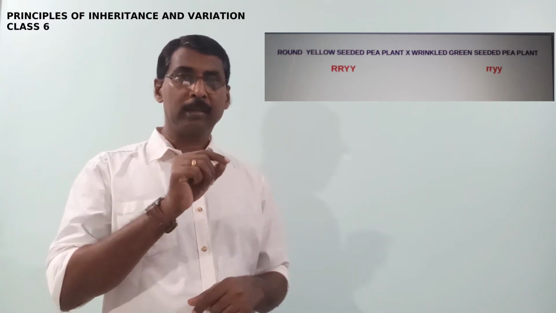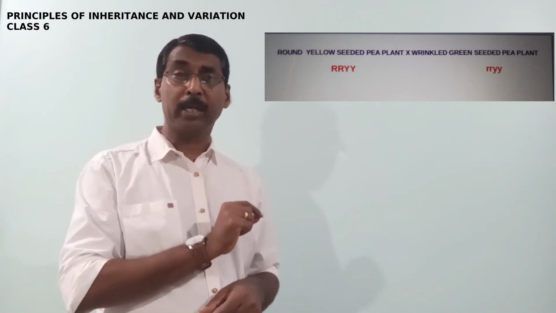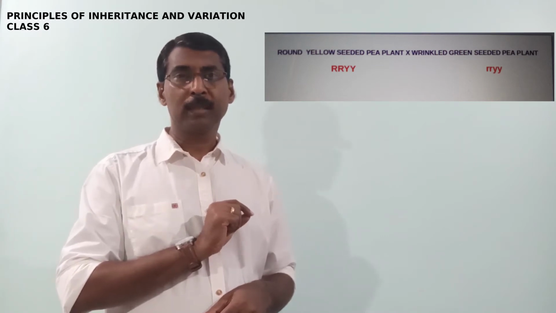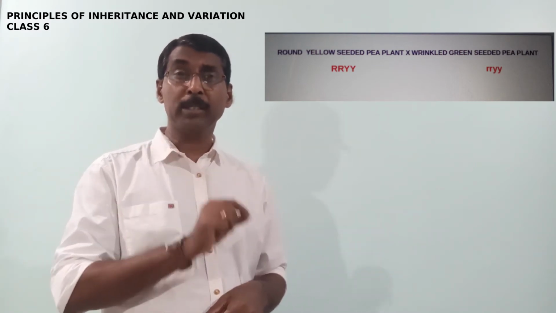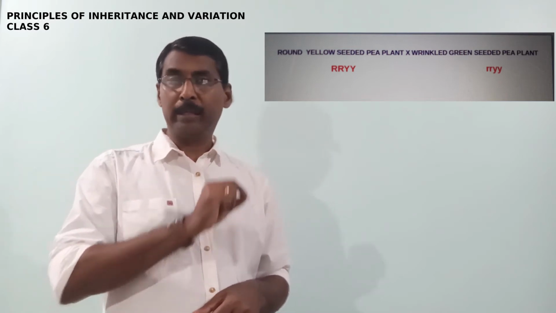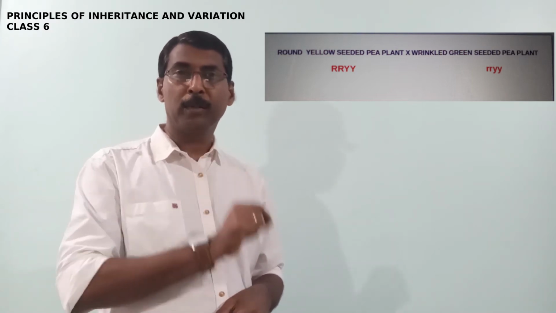Then wrinkled phenotype is recessive over round. So wrinkled phenotype is represented by small r, and green color, which is recessive, is represented by small y.